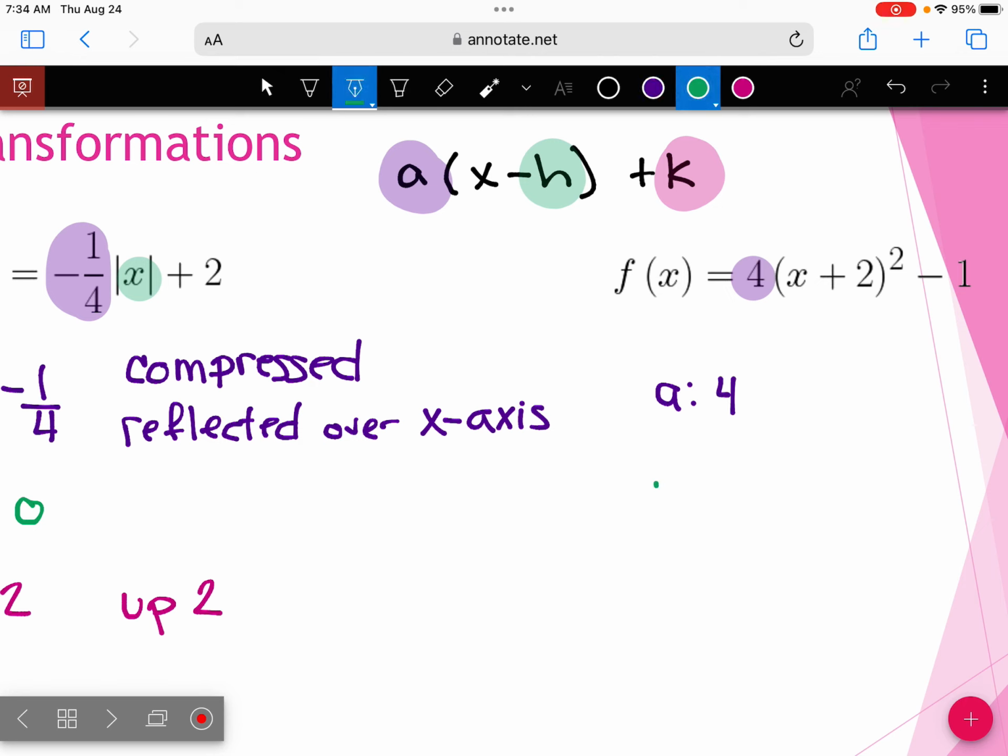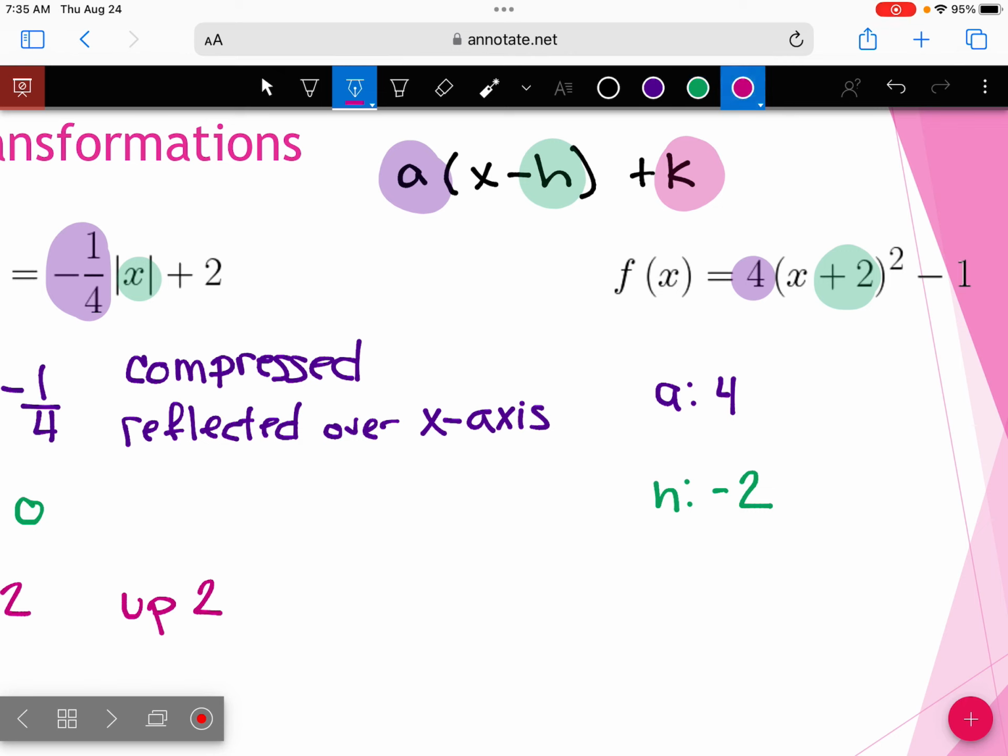What is my h? Not 4. 2. It's inside here, but is it positive 2 or is it negative 2? Negative 2. It doesn't matter if it has that power on the outside, it's still whatever's inside our parentheses.